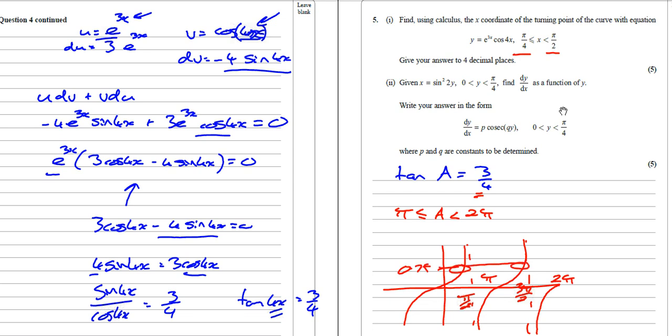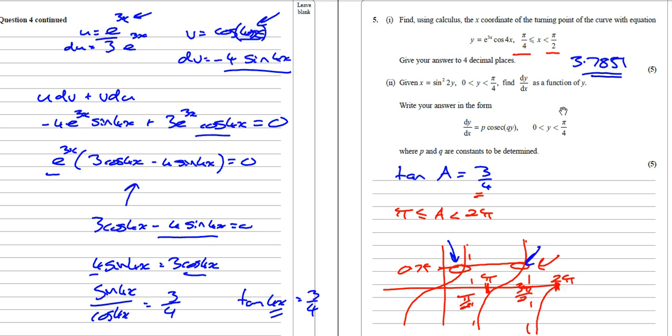But only one of these is between pi and 2 pi, and that's this one here. So if we do inverse tan of 3/4, that's going to give us 0.64, which is this solution. So this solution, you need to add pi onto it, and we get 3.7851.